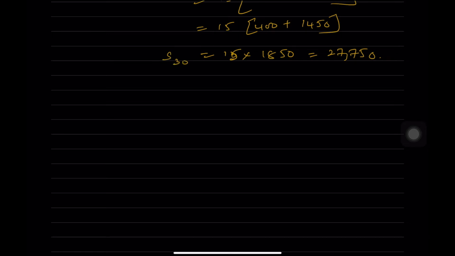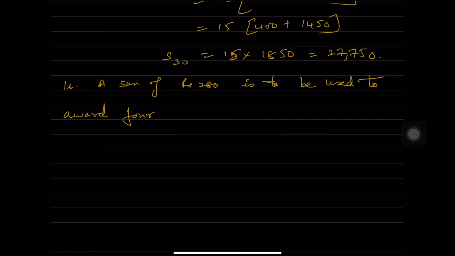How much does a delay of 30 days cost the contractor? So it costs 27,750. Now going to the 16th problem, a sum of rupees 280 is to be used to award 4 prizes.